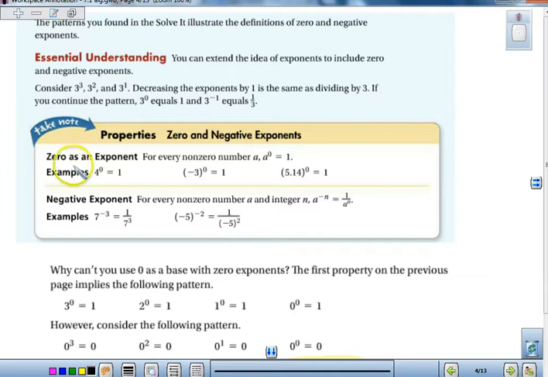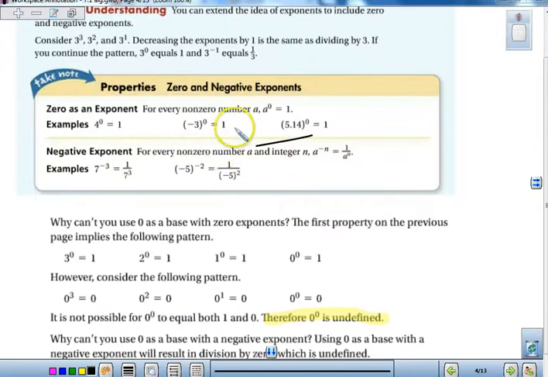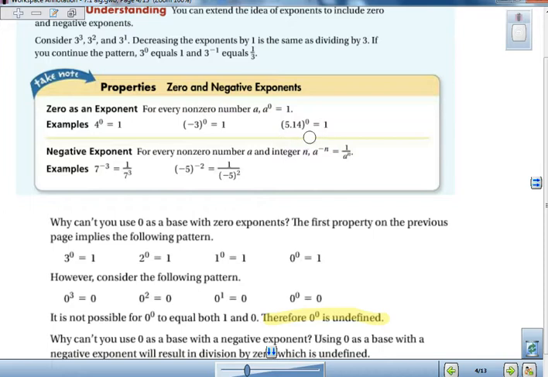So the rule for zero as an exponent is that for any non-zero number a, a to the 0 always equals 1. So here you have 3 examples that are all equal to 1. When you work with negative exponents, for every non-zero number a and the integer n, a to the negative n is written as 1 over a to the n.